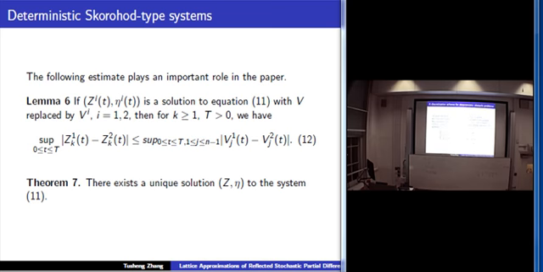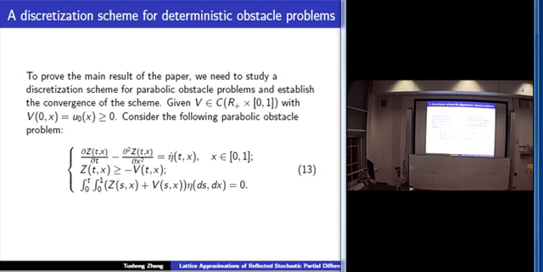Now, as I said, I also need to introduce a discretization scheme for the deterministic parabolic obstacle problem. So here the barrier function is also deterministic. It is a function of two variables t and x, where x is our space variable.